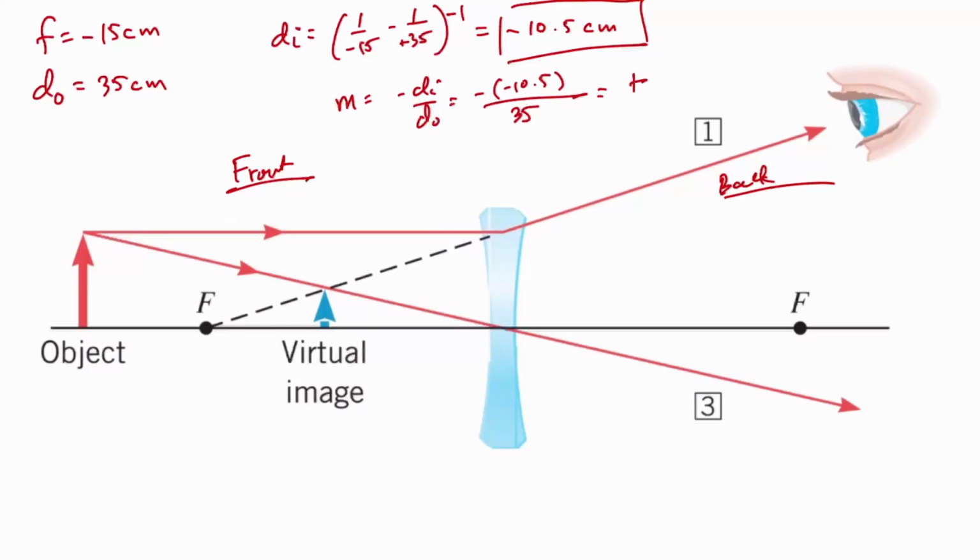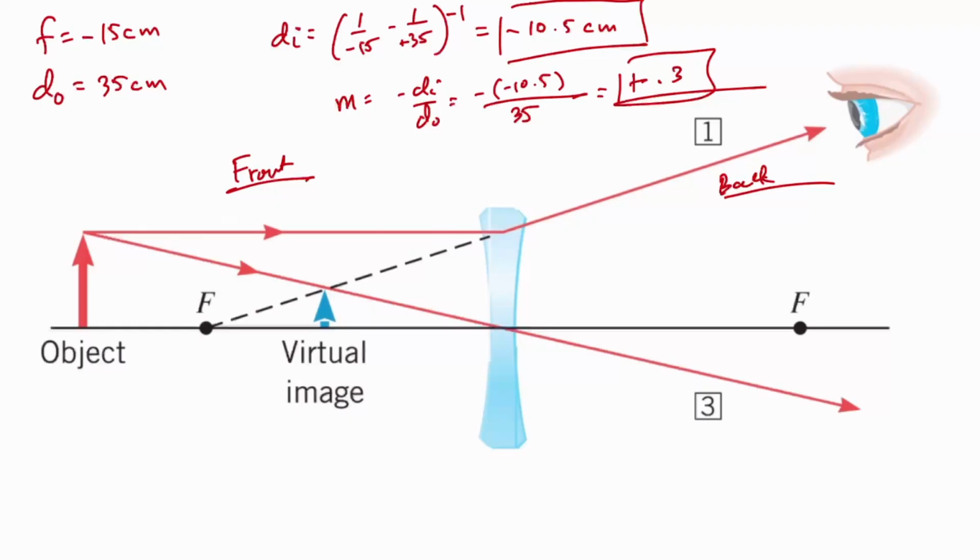This gives me a positive 0.3. So what does the positive sign mean? Upright. Is it upright in my picture? Yep. And does it look smaller than the original object? Yeah, it does. So my diagram and my math have helped me out.